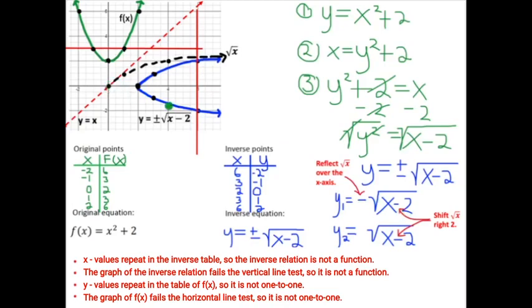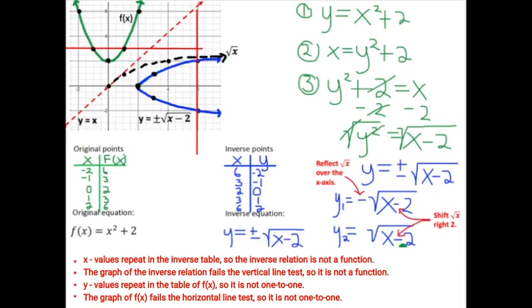So if you reflect this over and you move it to the right 2, you get this bottom portion of the graph. And this bottom portion is y1. So if we wanted to, we could just separate this into y1. This top portion is y2. That's what I have right here.